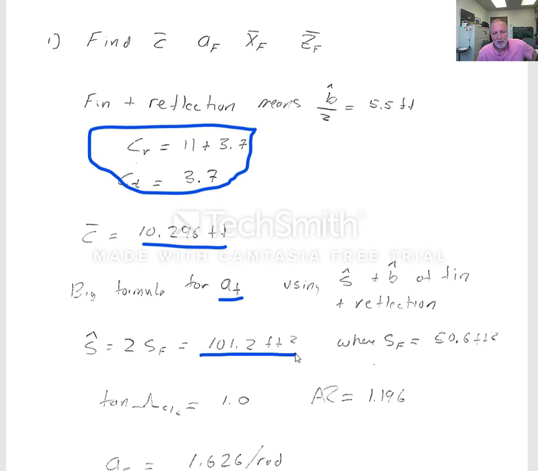So the area you're going to use in this calculation is 101.2, and you're going to use those in the formula to calculate the half chord sweep angle and the aspect ratio. So double check those answers. Again, you're using, for this problem, double the fin area, double the fin span, just to calculate this.